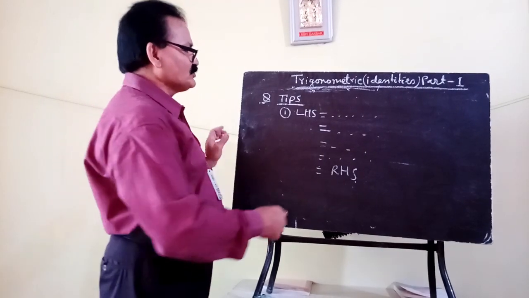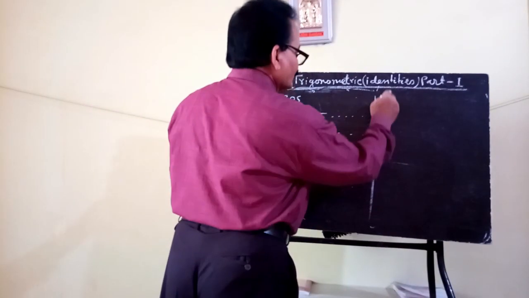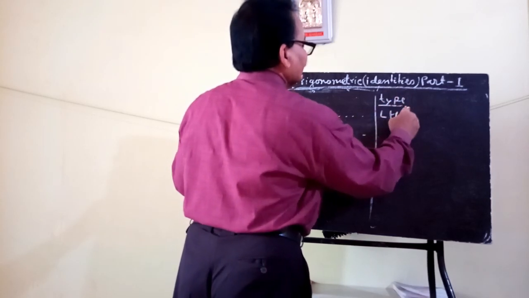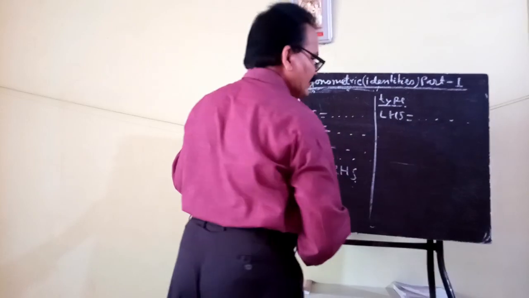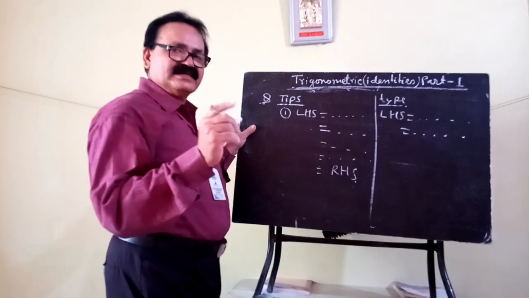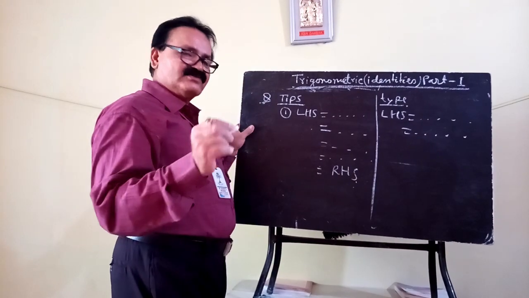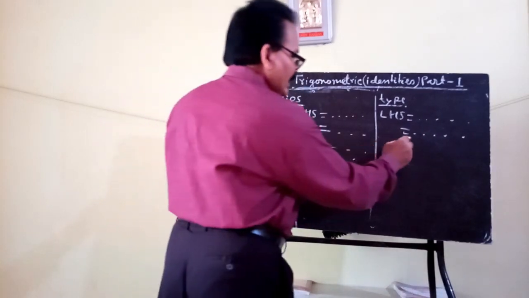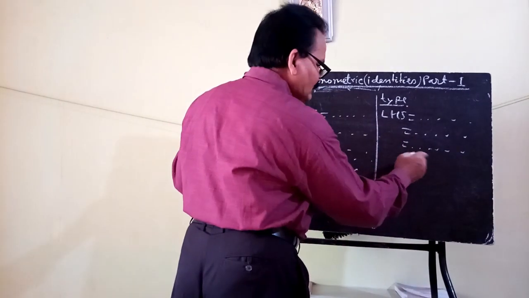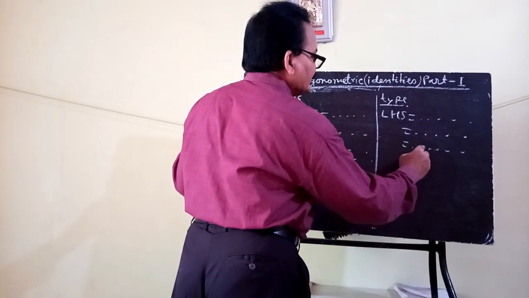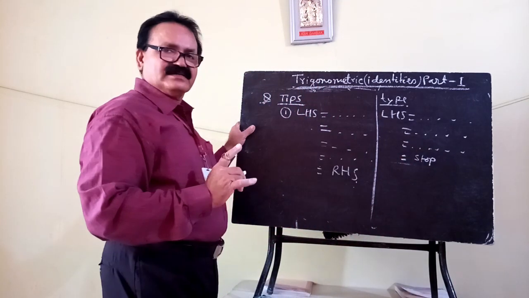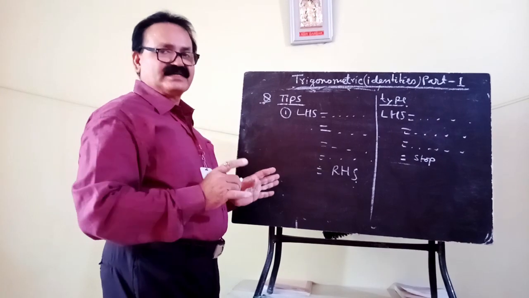Another type of question, type 2: you start with your LHS and use the standard identities as well as relations. After a few steps, you are unable to think what to do, and you stop. Still the RHS has not come.